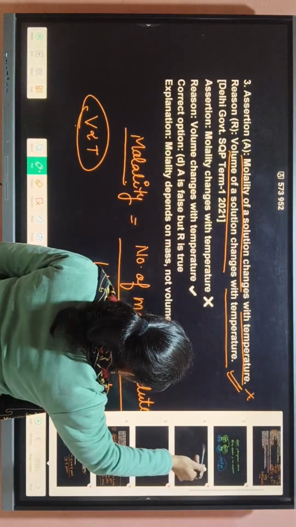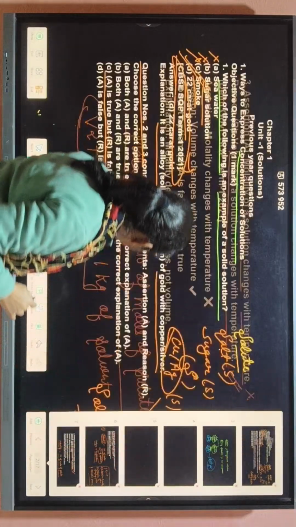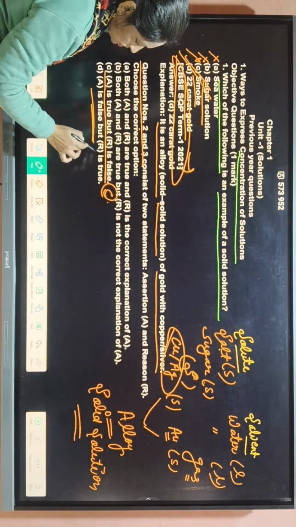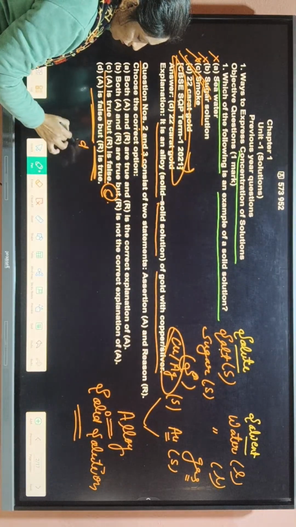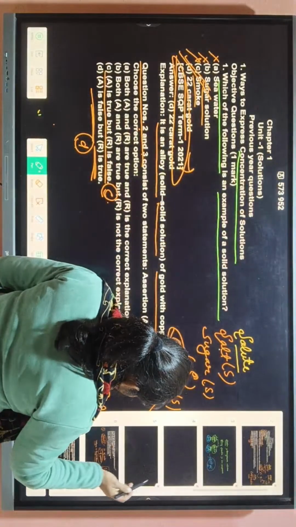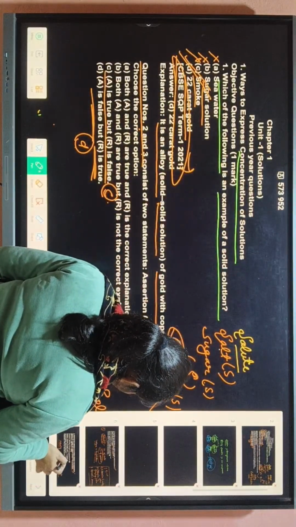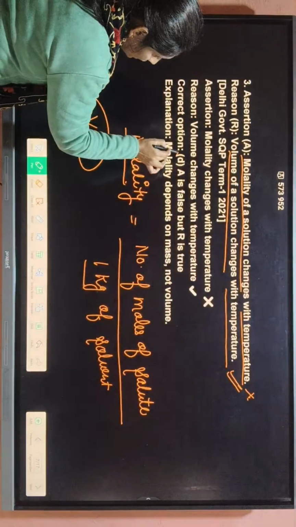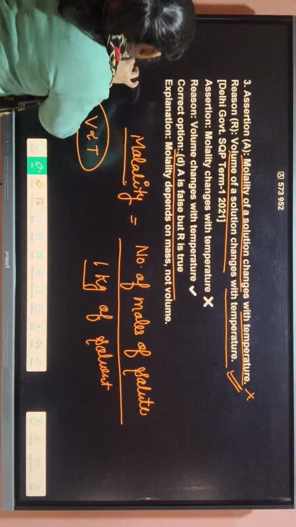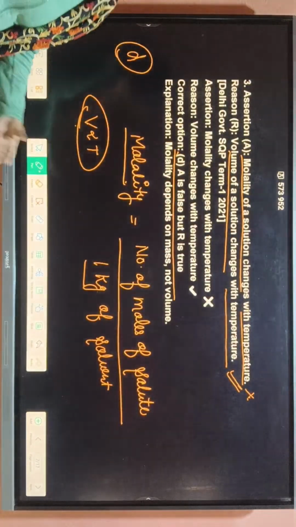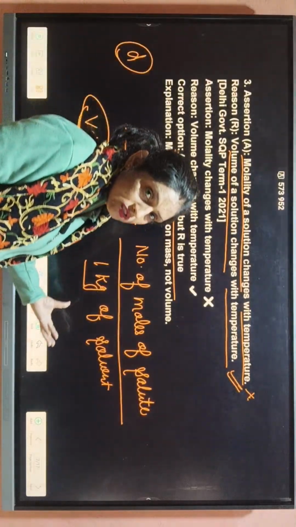In which option is it given? Assertion is false, but reason is true. So you will go with option D. Assertion is false, but reason is true. I hope this question is also clear to all the students.